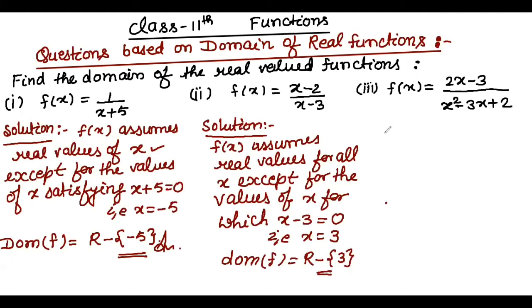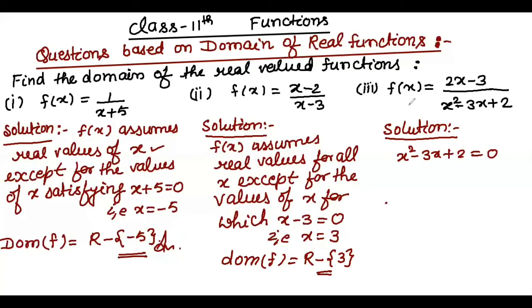Now, in the third question, this is also in the form of rational function, (2x-3)/(x²-3x+2). So here also we have to avoid x² - 3x + 2 = 0, we can't take. If we are taking, so the whole function will be infinity, not equal to real number.